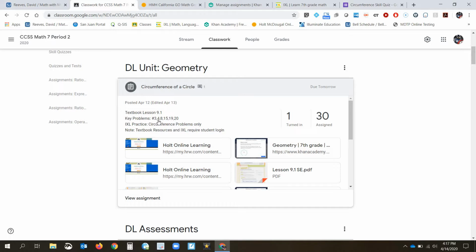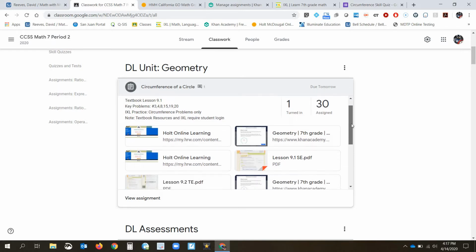And then I've picked out some key problems from the lesson in the book, as these are the types of problems that you should know how to do. Sometimes Khan Academy and IXL tend to focus a little more on some of the basic skills, whereas the textbook will dive in and do a little more problem solving. So I strongly encourage you at some point in this process to go through each of these problems.